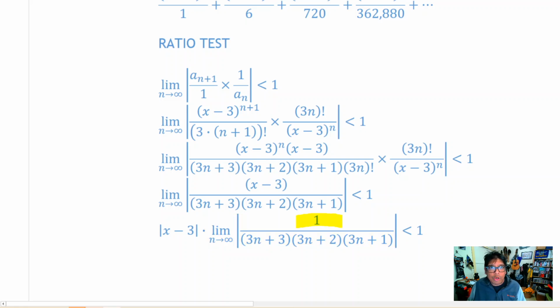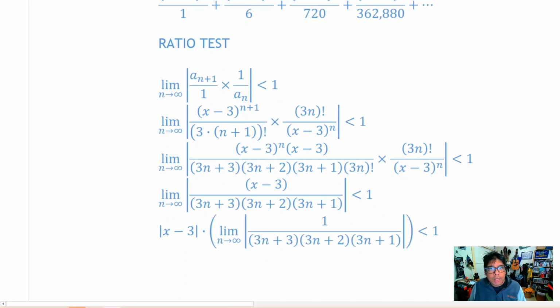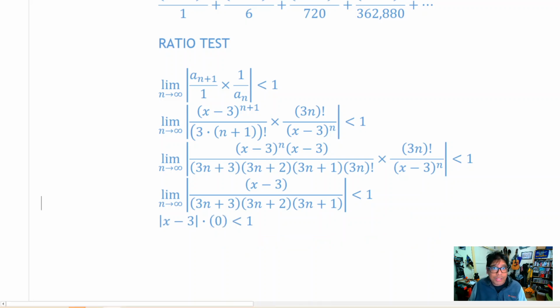I can see that the numerator is constant and the denominator is polynomial in nature. So it's going to keep on growing as n grows. And when you have the limit of an expression where the numerator is constant and the denominator grows without bound, that limit is 0, which means the limit of the ratio is equal to 0.